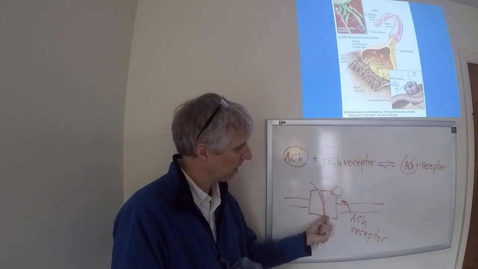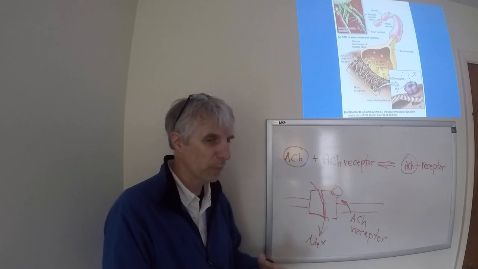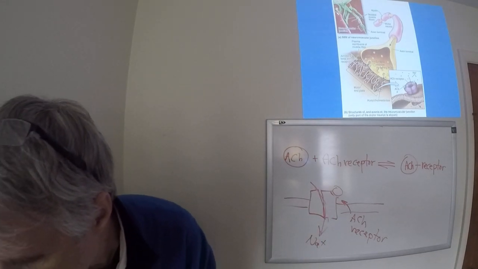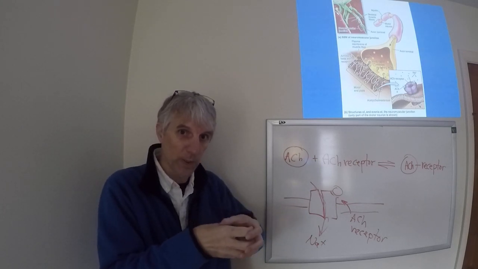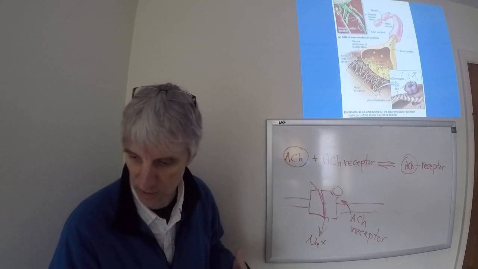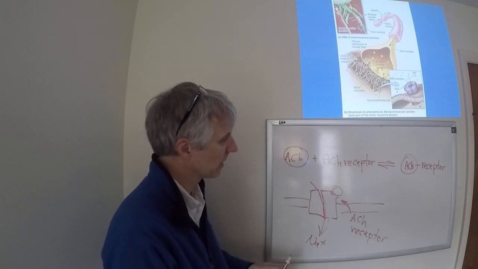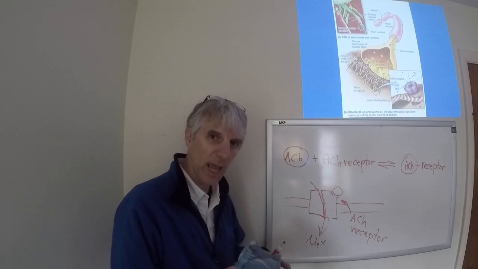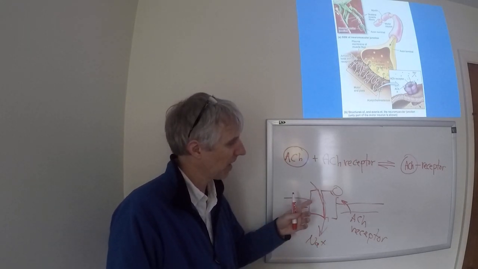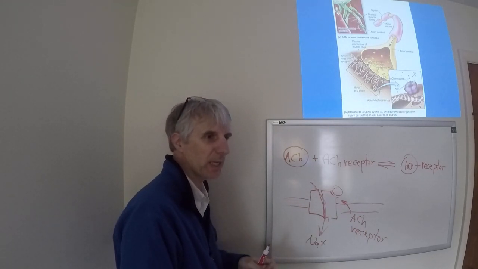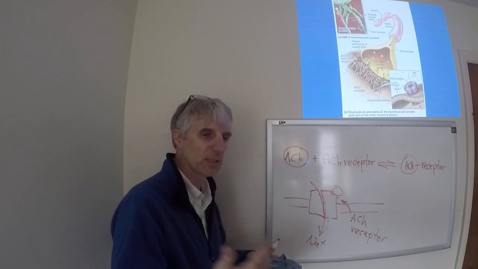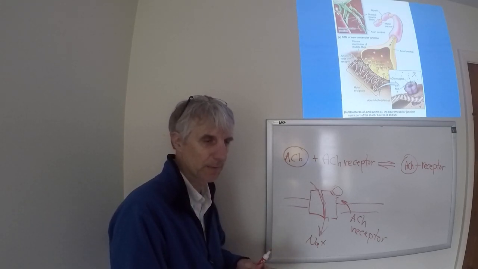So this receptor is being popped open. It's more like open, open, open, open, open every time this binds. And as long as this acetylcholine stays in this synaptic cleft, I'm getting multiple activation of these sodium channels, which means the signal is continuing to be communicated.